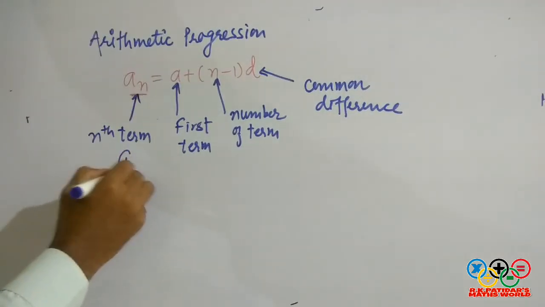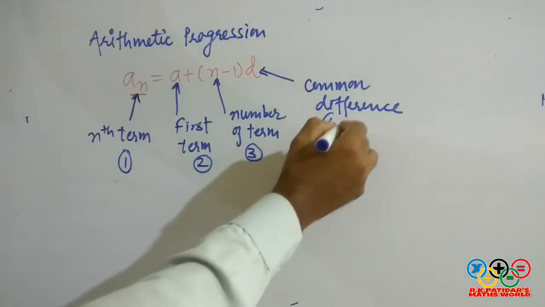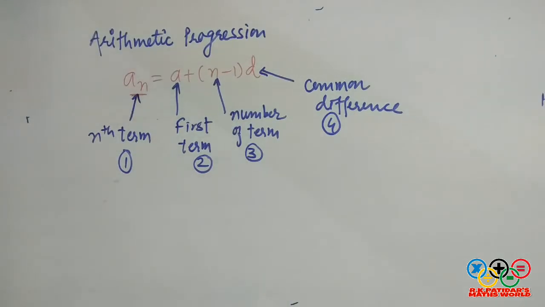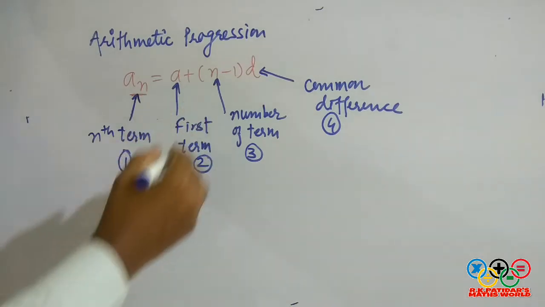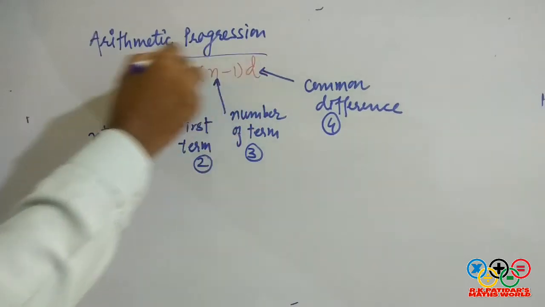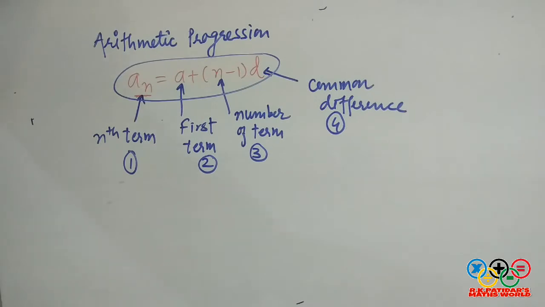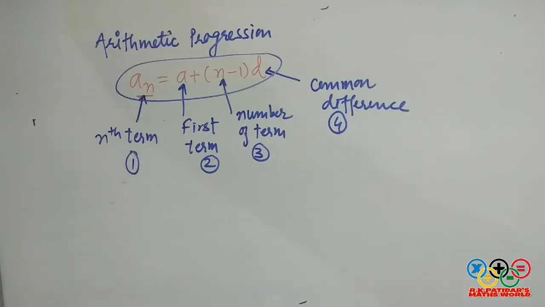So we have 4 values here. Out of these 4 values, 3 values will be given, and with the help of this relation we can find out the fourth value. The same thing we have to do in the examples and questions related to the general term or nth term of an AP.